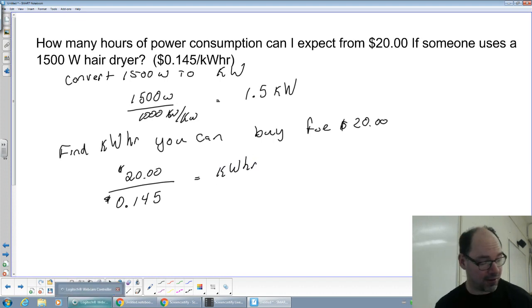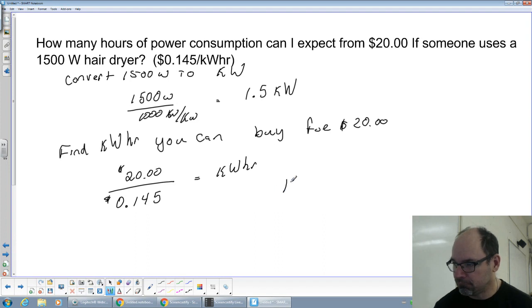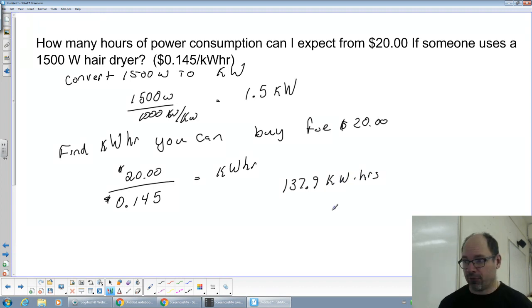Okay, so if we do that on our calculator, I get 137.9 kilowatt hours. Okay, so that's how much I can get for $20 at that current price.